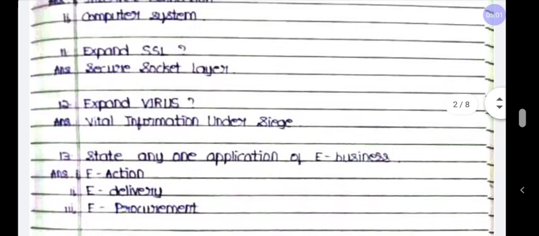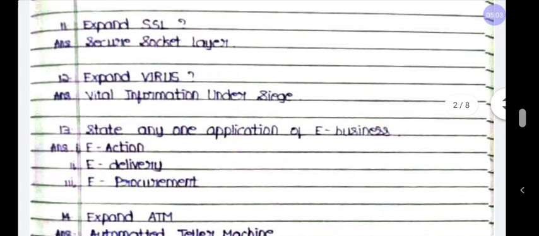Next, expand SSL. SSL stands for secure socket layer. Next, expand virus. This virus topic you already learned in the safety risk: vital information under seize. Next, question number 13: state any one application of e-business.